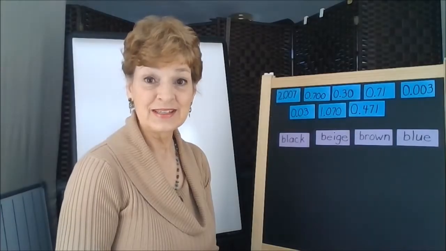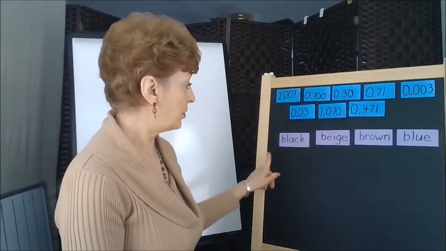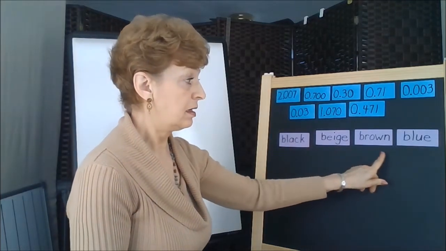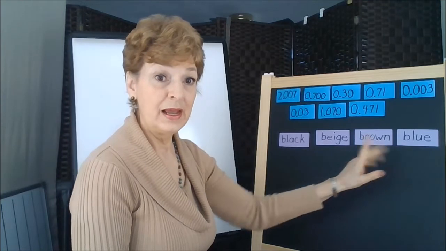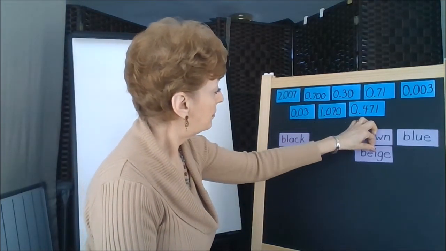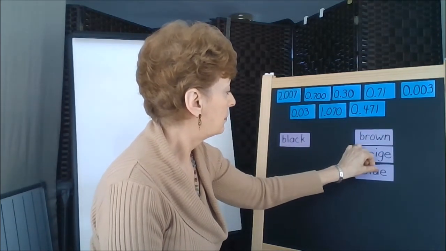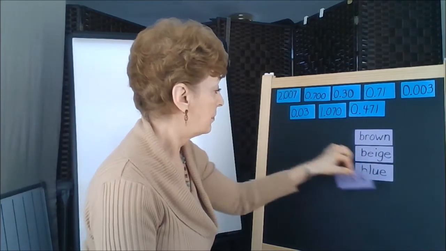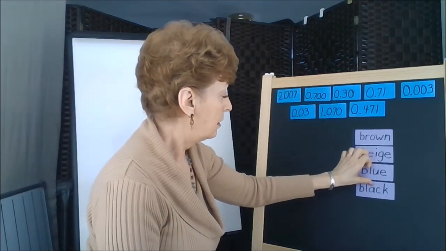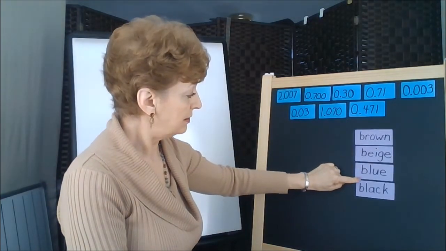Ordering decimals is a lot like alphabetizing words, but it's hard to alphabetize words when they're listed horizontally. If we put the words vertically, we can easily see that the first letters of all these words are B's.